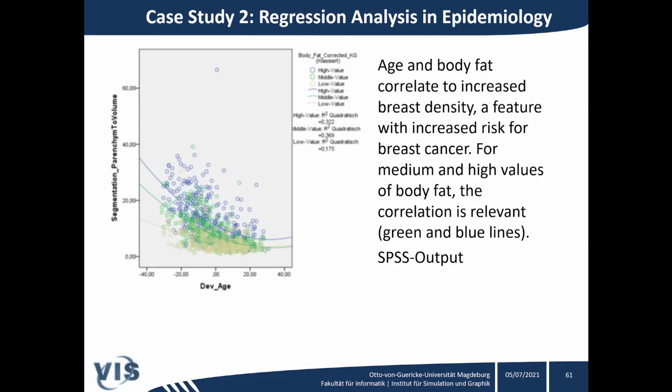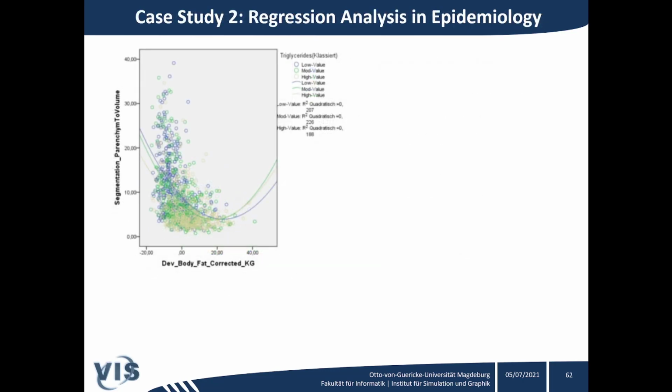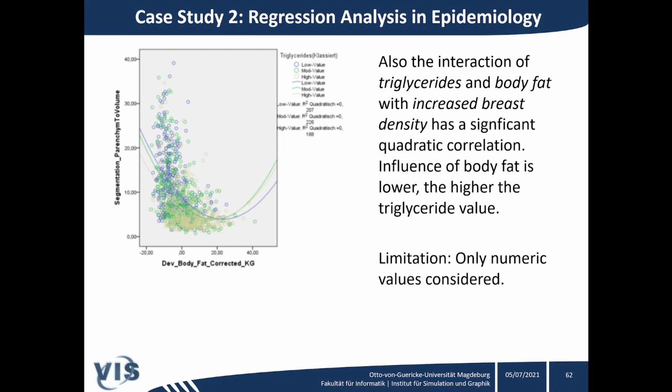For medium and high values of body fat, the correlation is relevant, indicated here by the green and blue lines. Also, the interaction of the triglycerides and body fat with increased breast density has a significant quadratic correlation. So the influence of body fat is lower the higher the triglyceride values.